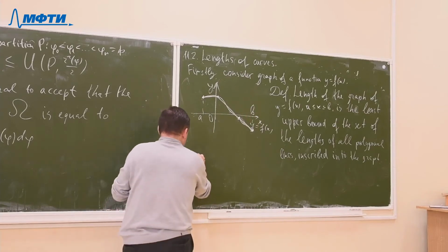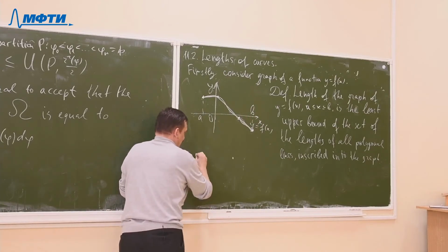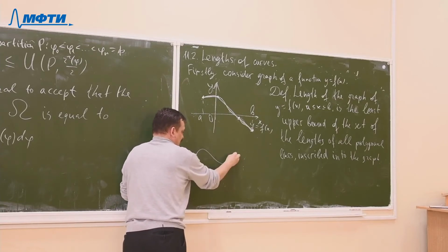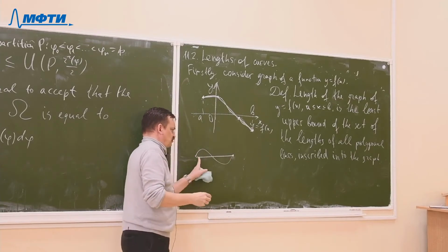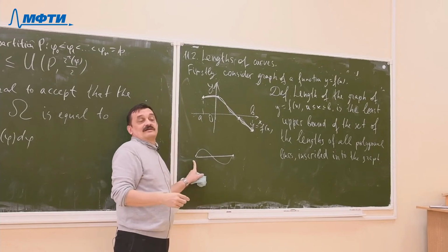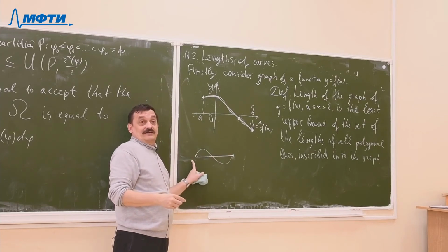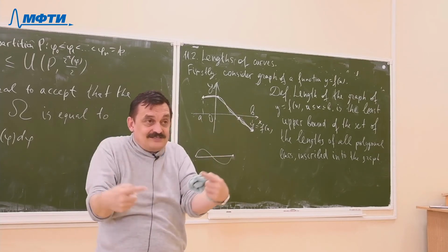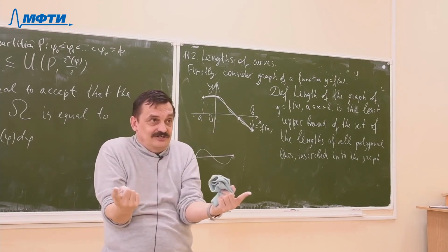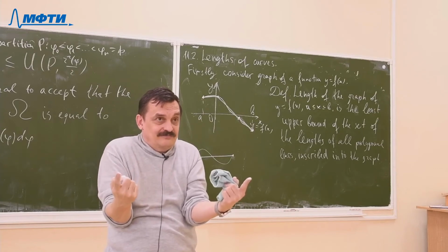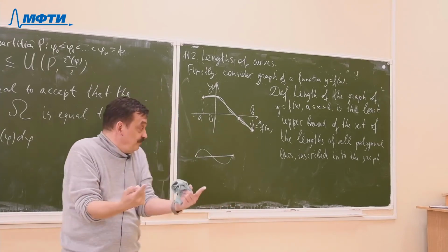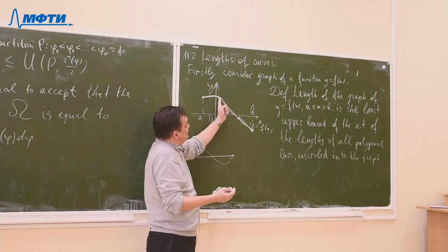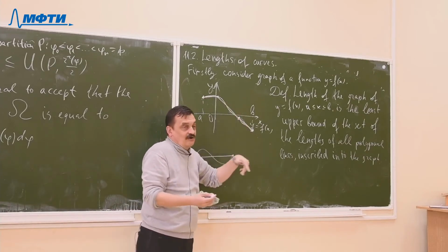Take arbitrary two points; then the length of any path is greater than the length of the straight line. So the straight line always has the shortest length. Now look. It means it doesn't matter how we choose our polygonal line.